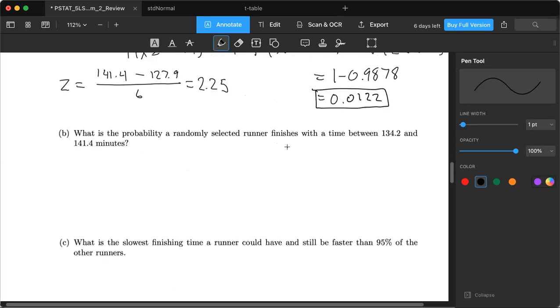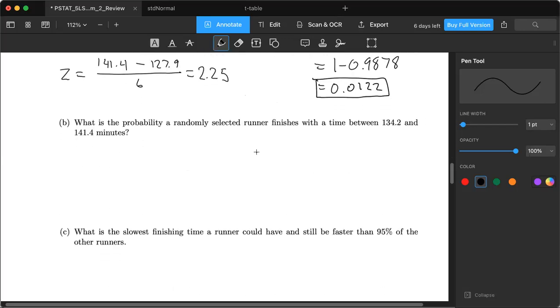Okay, now we want to find the probability that a randomly selected finisher finishes with a time between 134.2 and 141.4. So this is going to be the probability that X is less than 141.4 minus the lower probability, the probability that X is less than 134.2.